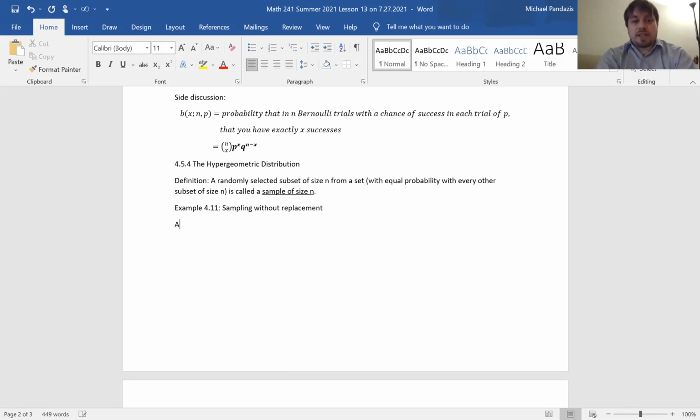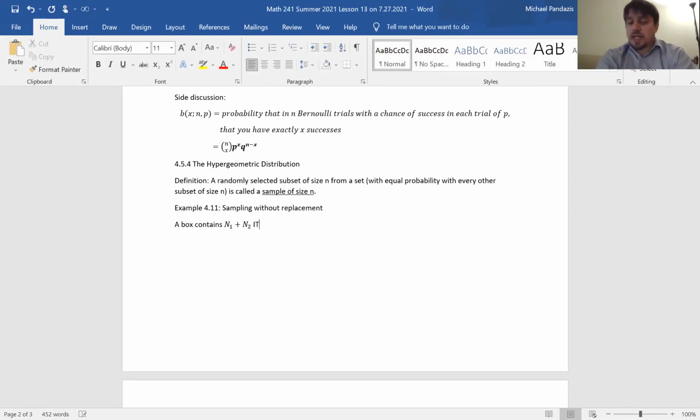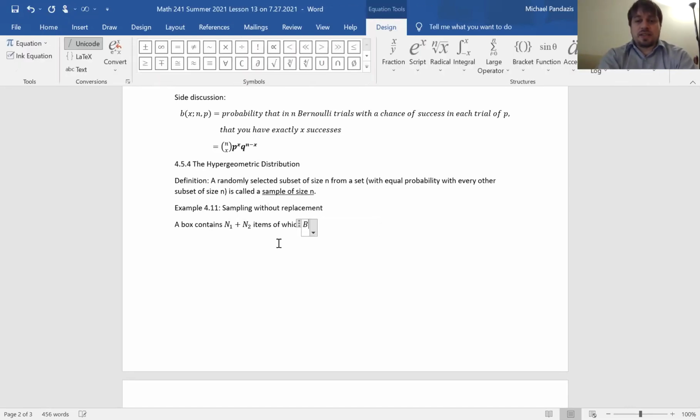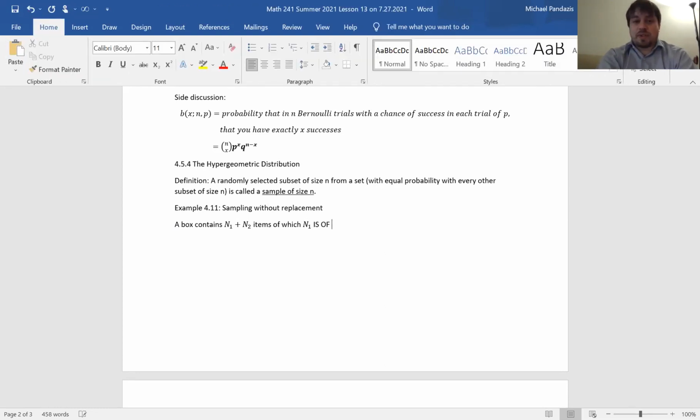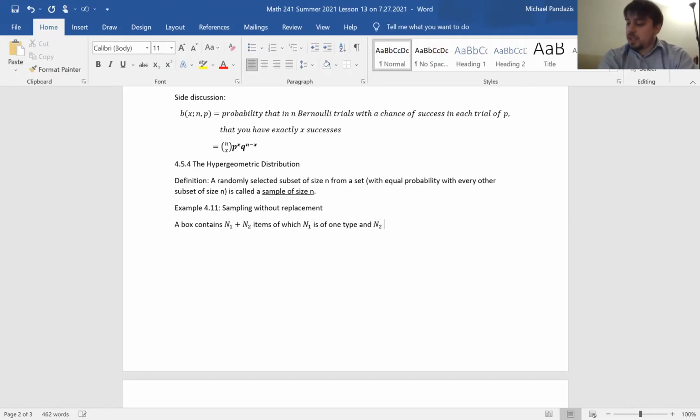A box contains N1 plus N2 items, of which N1 is of one type and N2 of a second.